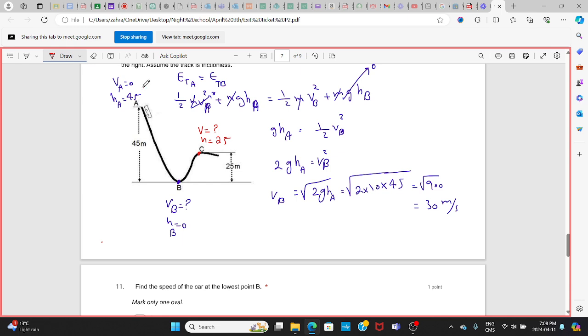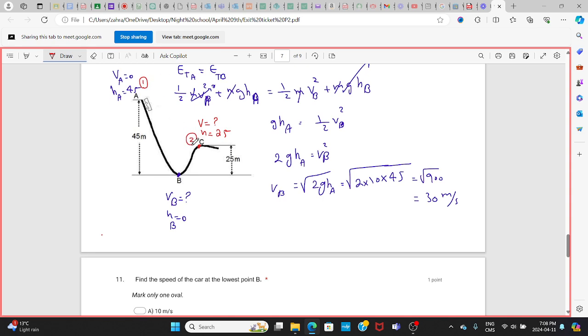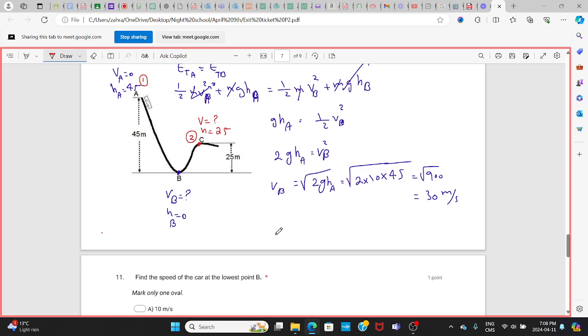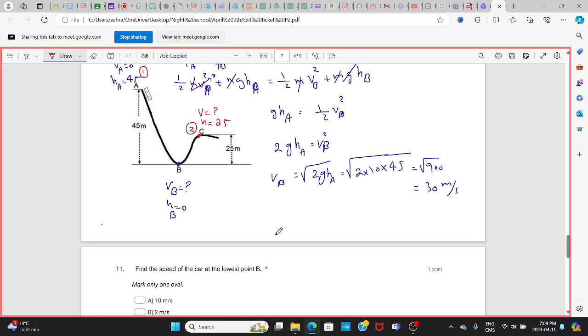Let's just put this one to be the first one and this one to be my second one, right? E total for point A should be the same as E total for point C. Okay, again, two points, the mechanical energy should be the same.